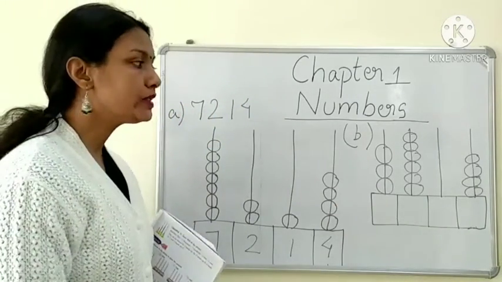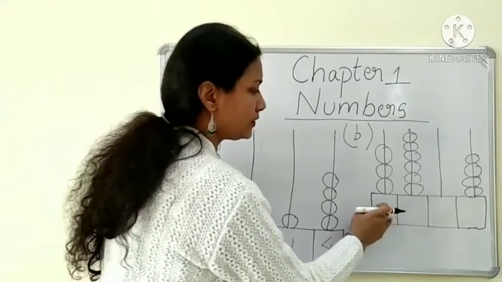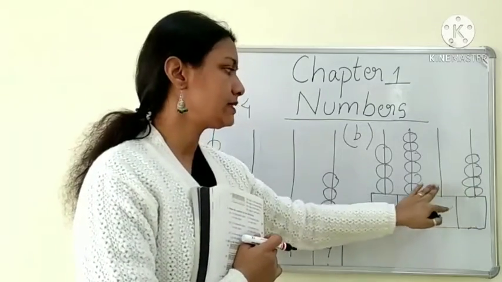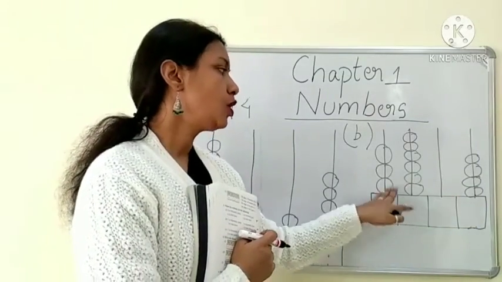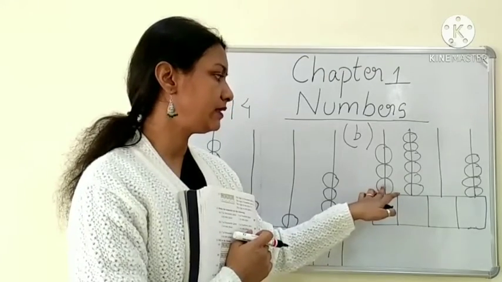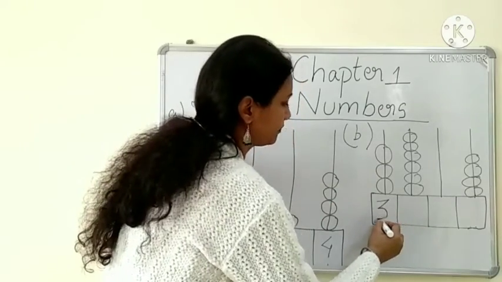Okay. Now how to read the number? If beads are already given, how will you write the number and read it? See, again, ones, tens, hundreds, thousands. So, the fourth pin, which is the thousands pin, how many beads are there? 1, 2, 3. So, we will write 3 here.